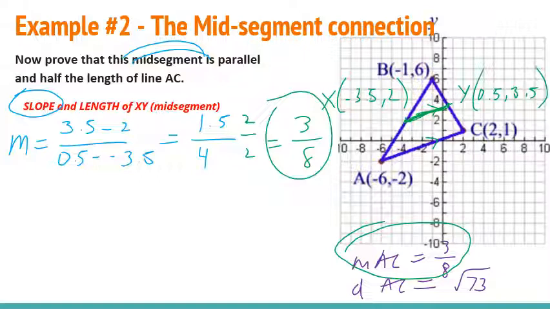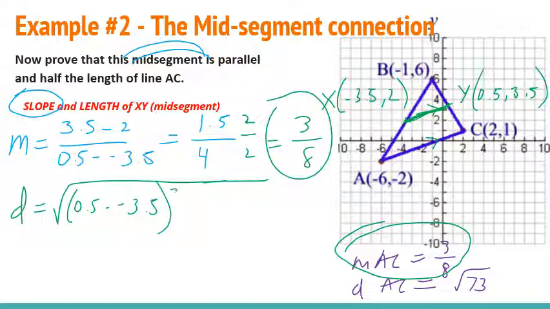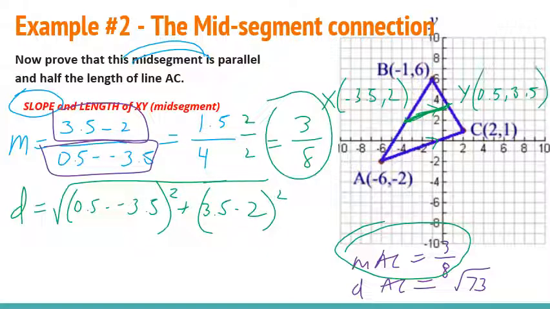Now let's do the distance part. Now we're looking to show that the distance is half the length. So the distance formula. And again, expect decimals here because we're going to get some kind of weird answers. So we have 0.5 minus negative 3.5 squared plus 3.5 minus 2 squared. I don't know if you guys noticed this, but it's the same values you're using up here from the slope formula.